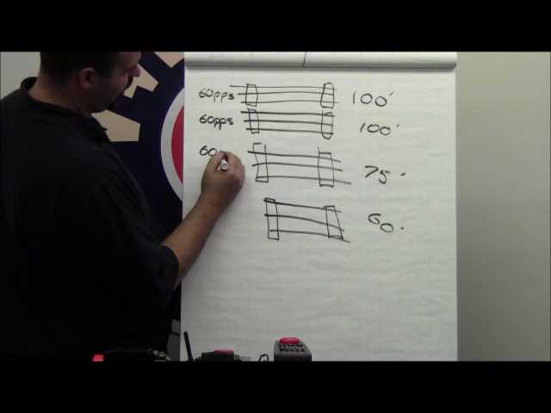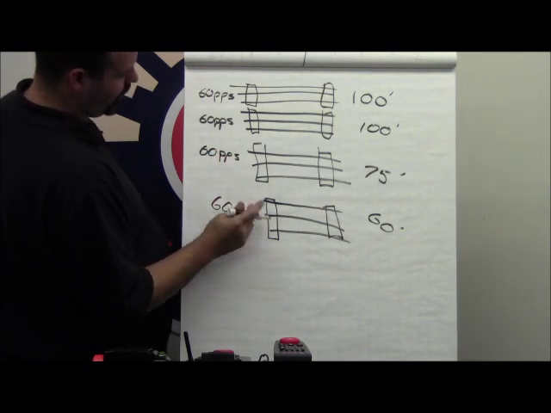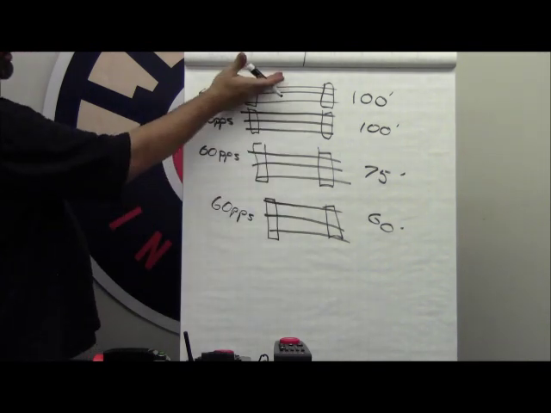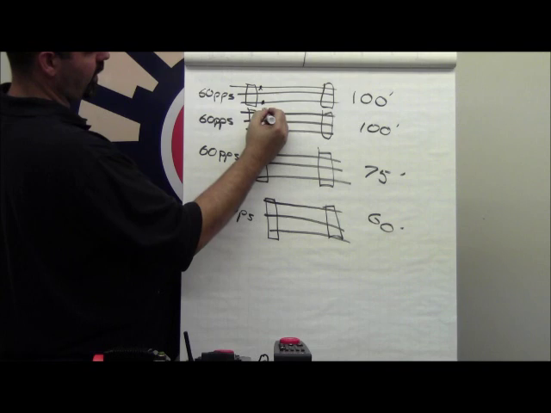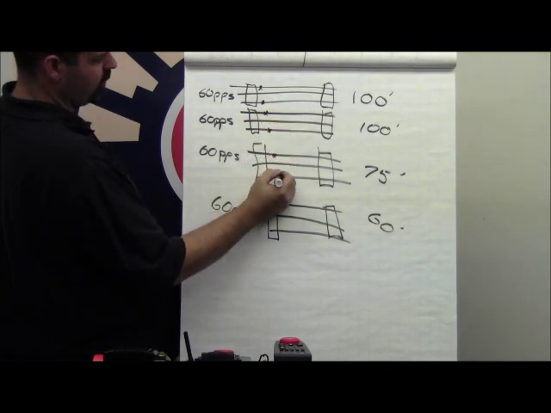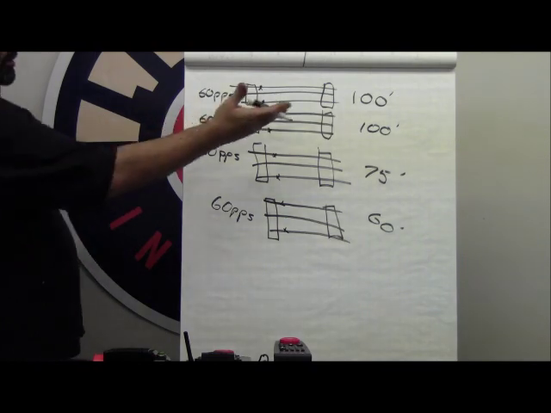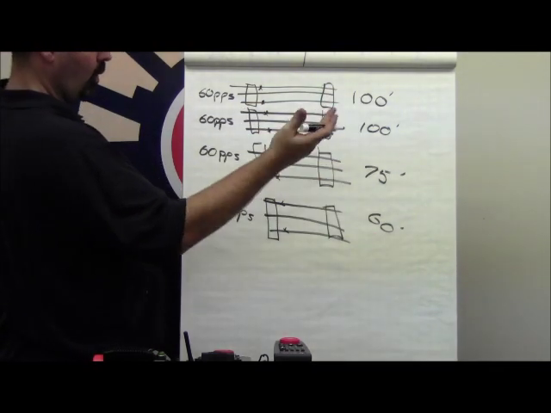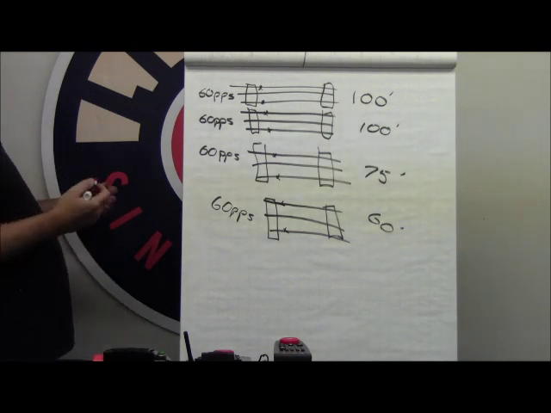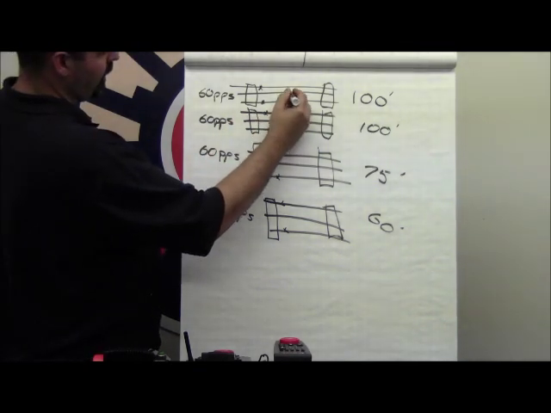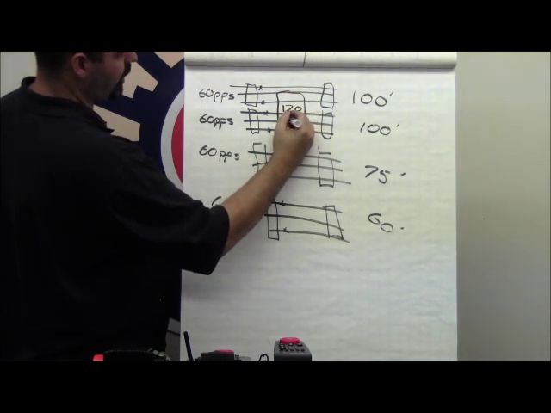Now what we should have, and what we do have, is 60 pulses per second on each track. And that command signal is broadcasting out of both outside rails on all these tracks. Because of our distances, or because of the environmentals of our railroad, we could potentially have, in this area here, 120 pulses per second.